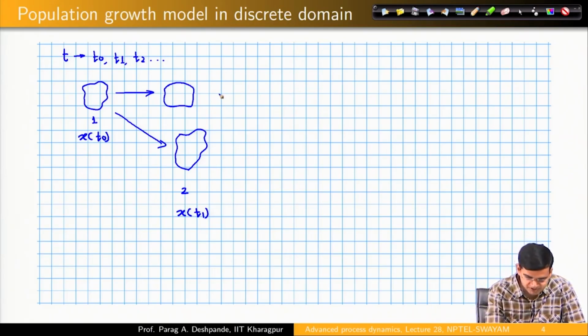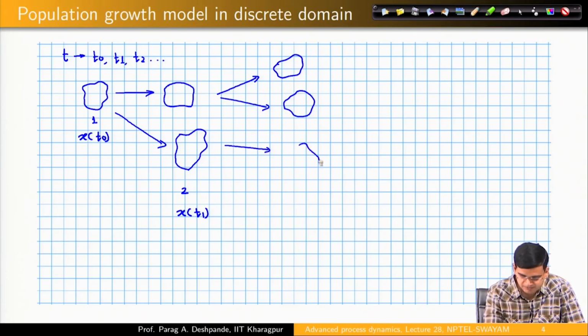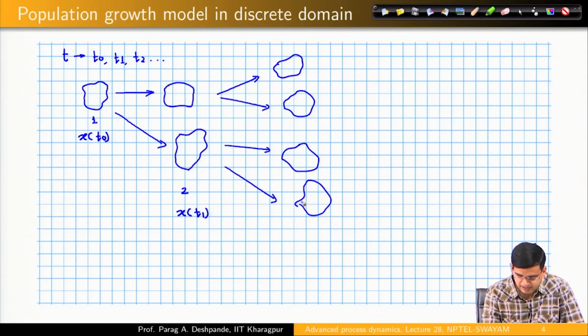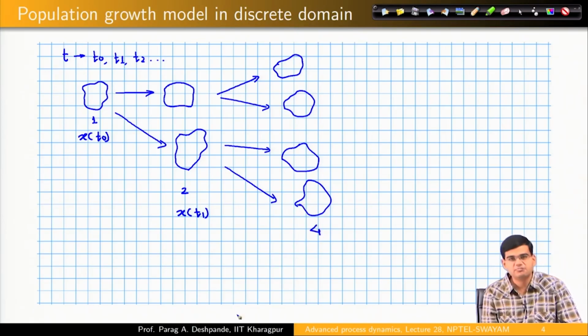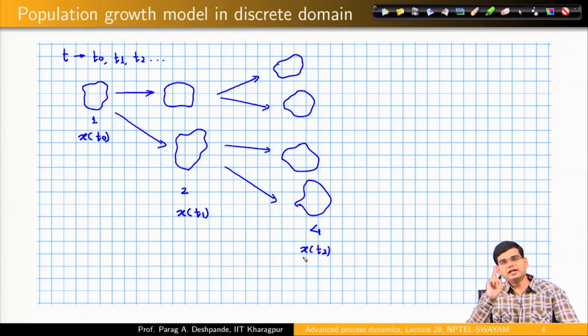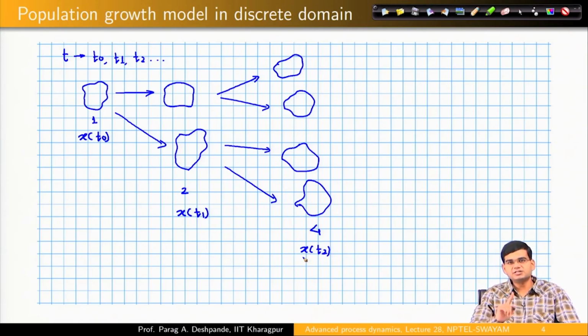You can appreciate it better by looking at this particular stage of your system, that now you have a total of 4 bacteria and you have x t 2. So, now you get x t 2 because you had a certain population x t 1.